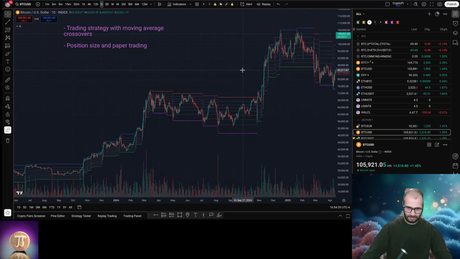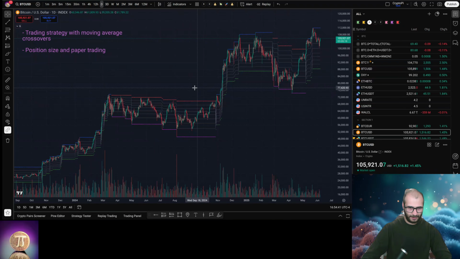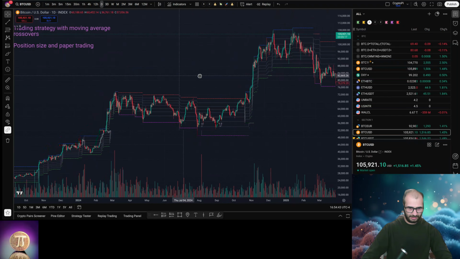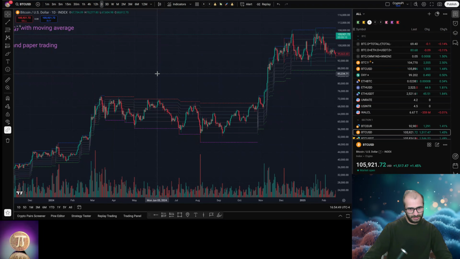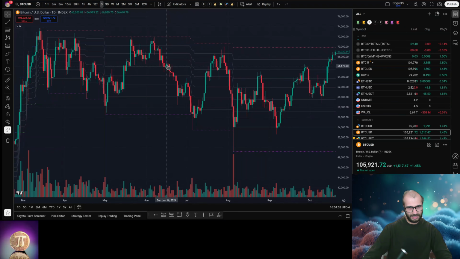To give a short recap, let's say my strategy, doesn't matter which one, everyone can have their own strategy, tells me that at this particular point I should be taking a short position. So I'll use the short position tool.